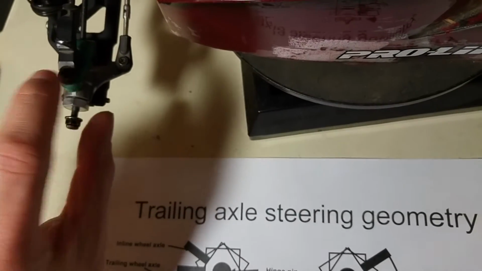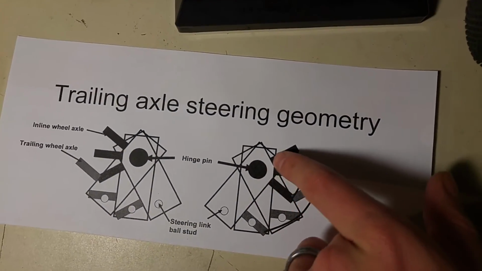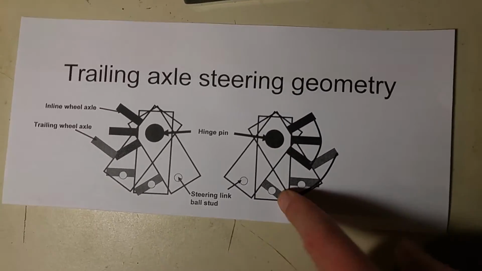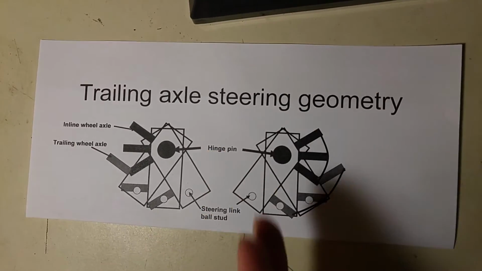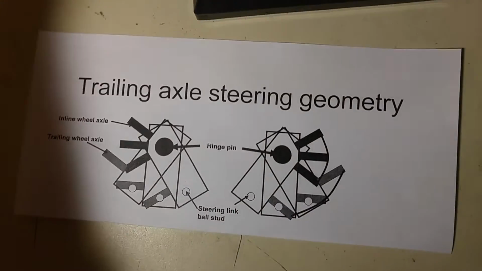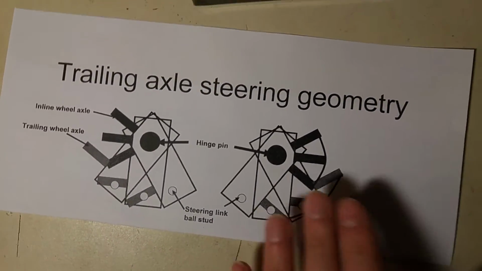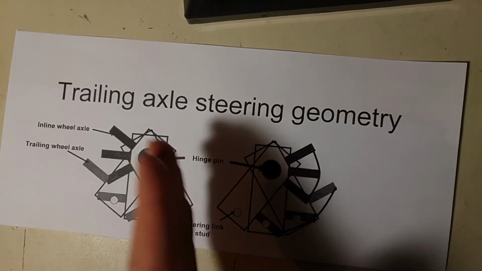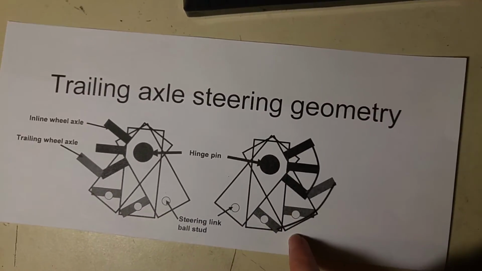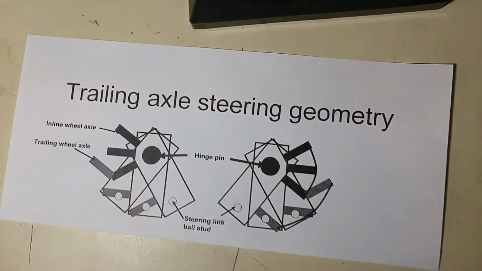So if I run a low caster angle, I would tend to want to run some amount of trailing axle steering geometry to help calm the car down while going in a straight line. I don't necessarily lose out on the cornering grip on corner entry. I'm just using a trailing axle geometry to make the car more manageable going down straightaways.